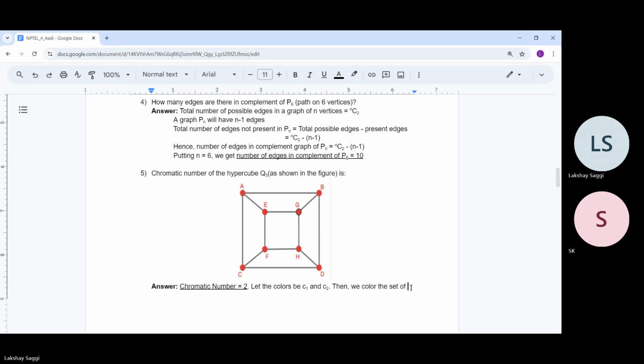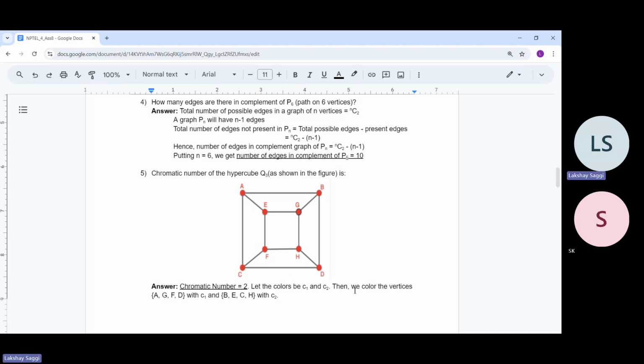So the vertices colored C1 are A, G, F, and D, and the remaining vertices, B, E, C, and H, are colored C2.